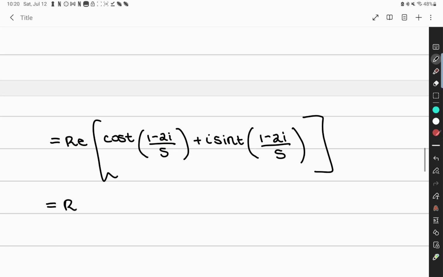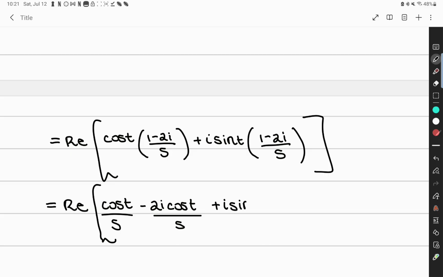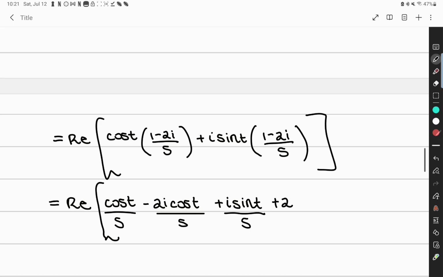Then multiplying throughout again, we have cos t over 5 minus 2i cos t over 5, plus i sin t over 5, plus 2 sin t over 5.